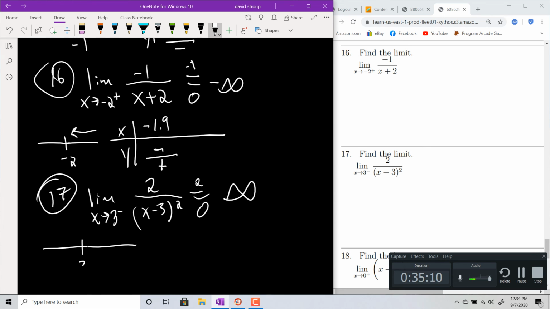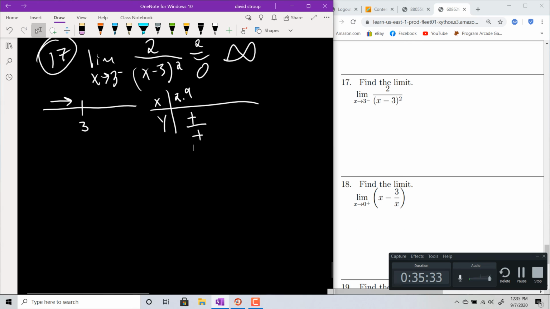So 3 from the left, I'm thinking of something like 2.9 in this direction. And this will be positive over negative 0.1 squared, which will be 0.01. It'll be positive regardless. Positive over positive is positive.